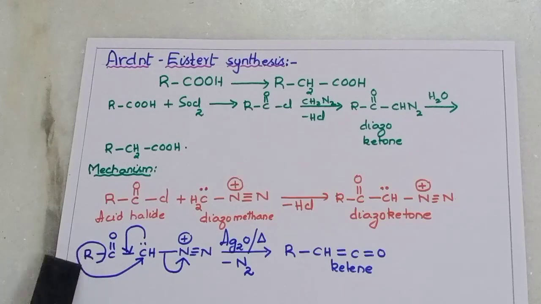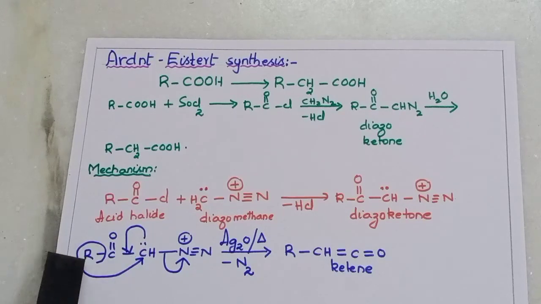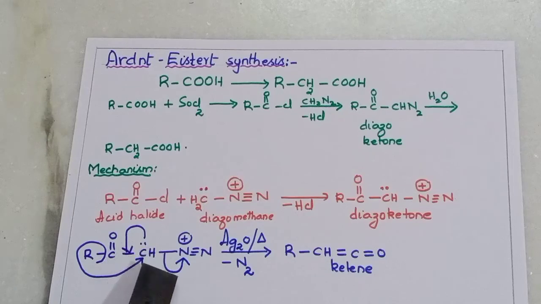That means now there is no R here. This happens when this pair of electrons is shifted between this carbon and this carbon; R with the two electrons will come here. Then these electrons will be shifted to nitrogen. So N triple bond N comes out as nitrogen.